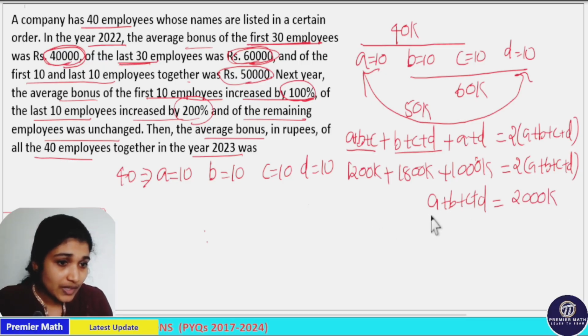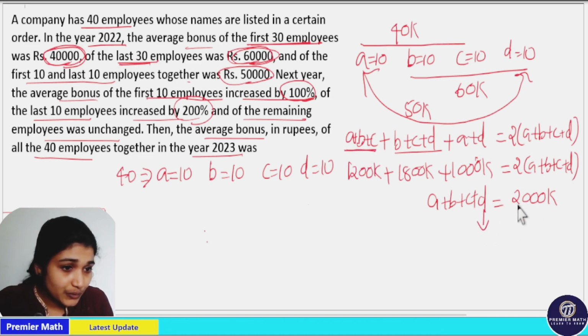Now from this, the sum of these 40 people is equal to 2000K, and the sum of these 30 people is 1200K, which means D is equal to 2000K minus 1200K, which is 800K. Here the sum of these 30 people is 1800K, which means 2000K minus 1800K is equal to the sum of A, which is 200K.